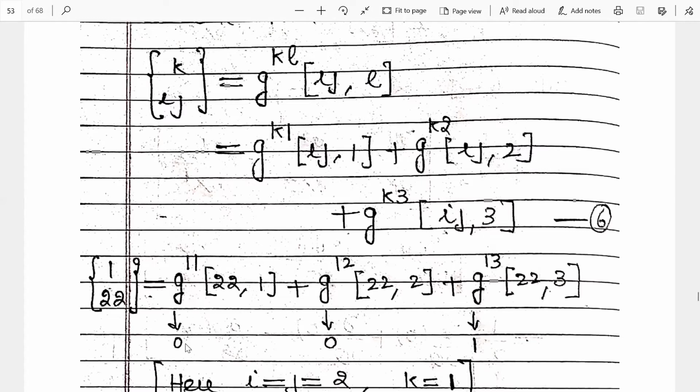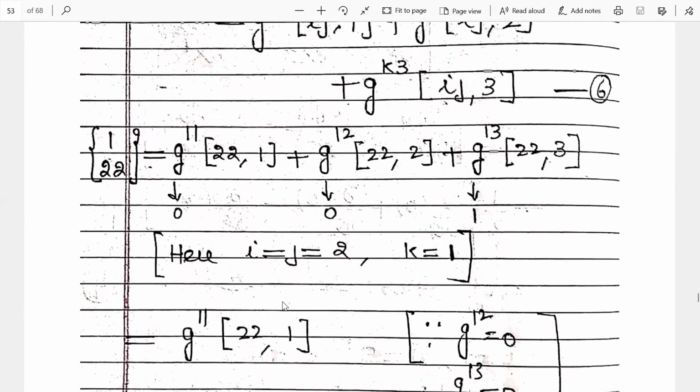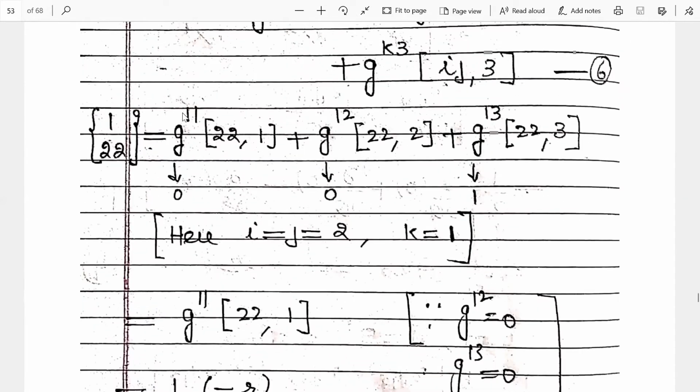Its value is 0. g^12, its value is 0. g^13, its value is 1. Clear? So in this case, the value of g^11 is not 0, because this value will be 1. So correct this form, because when i and j are not equal, the value is 0.